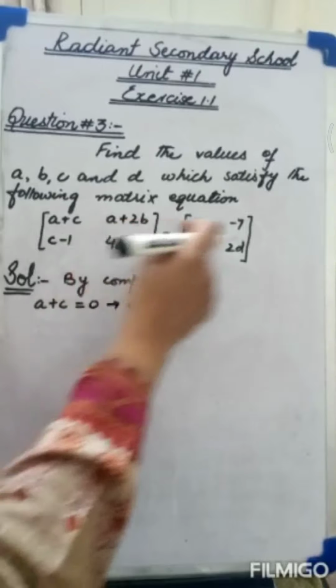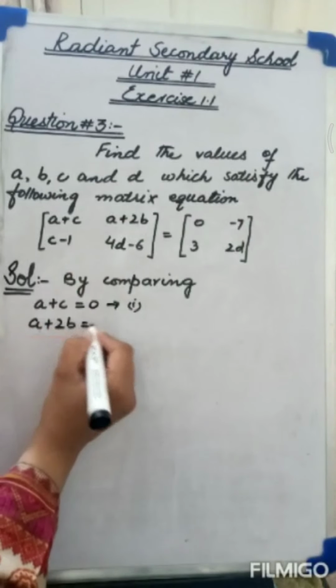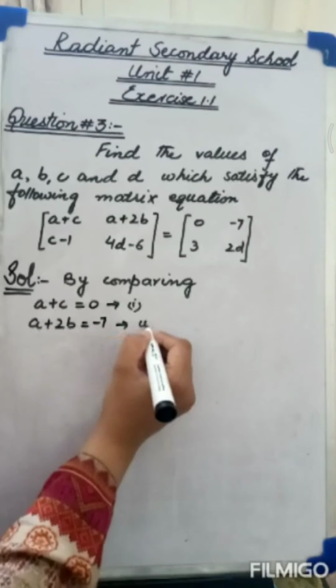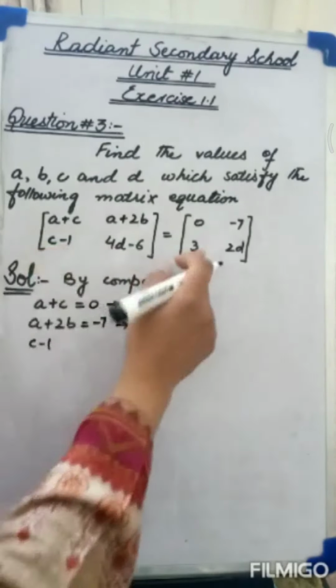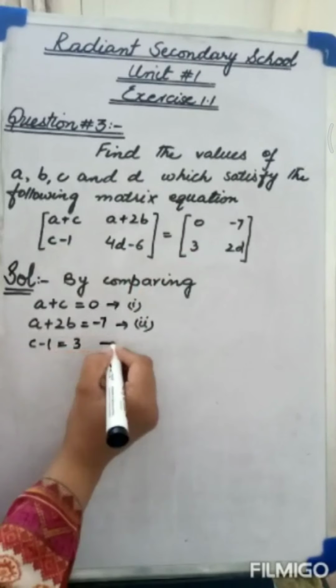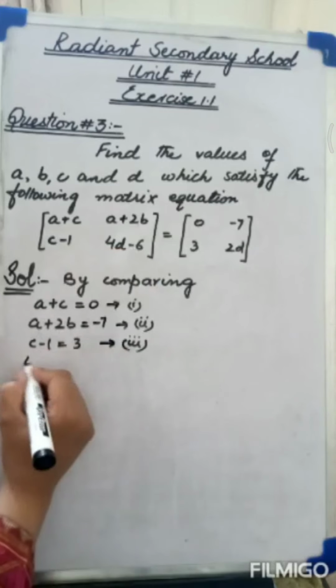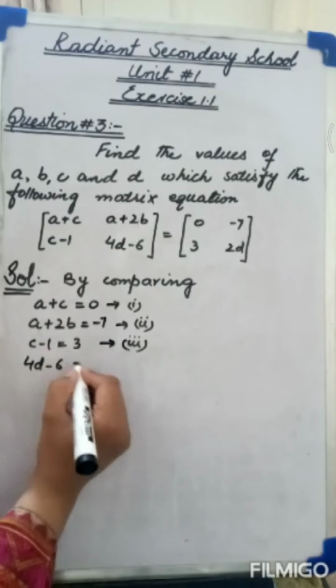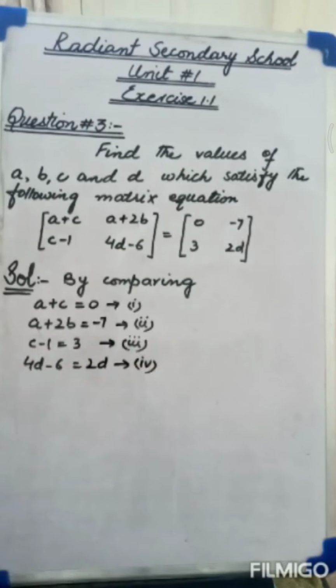And A plus 2B will be equal to, yes, it will be equal to minus 7. This is equation number 2, and this is C minus 1, which will be equal to 3. That will be equation number 3. And the last one, 4D minus 6 equals 2D. That will be equation number 4.